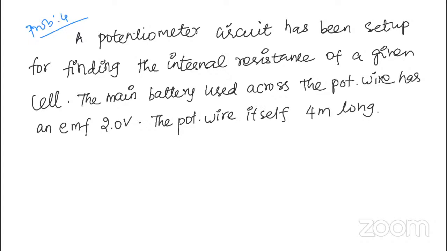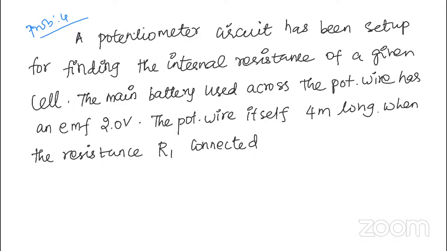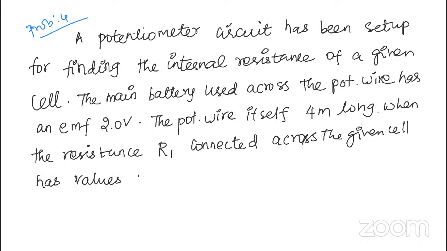When the resistance R1 is connected across the given cell, it has the values: the first one is infinity, and the second one is 9.5 ohm.